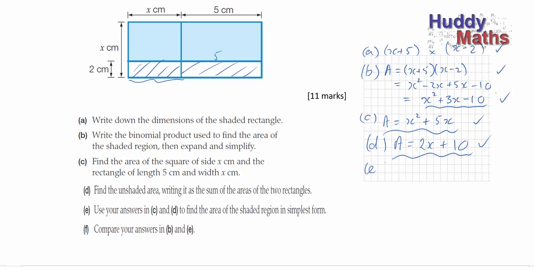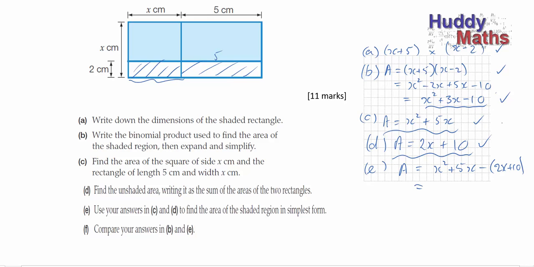And then part E, use your answers in C and D to find the area of the shaded region. So this one here is the total, and this is the unshaded. Oops, shouldn't be ticking it. Don't want more marks there. So the overall area is the big one, the whole thing, minus the unshaded.